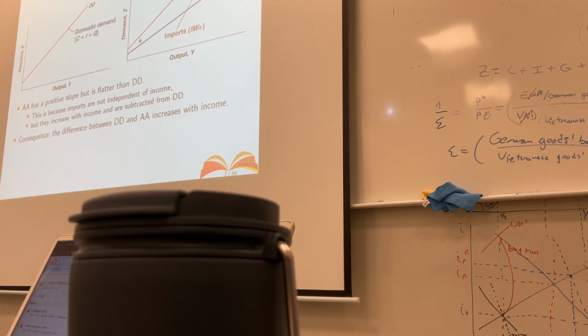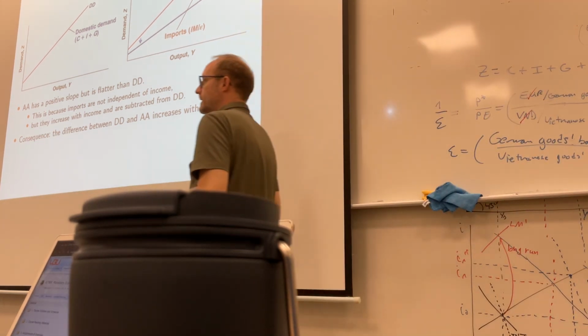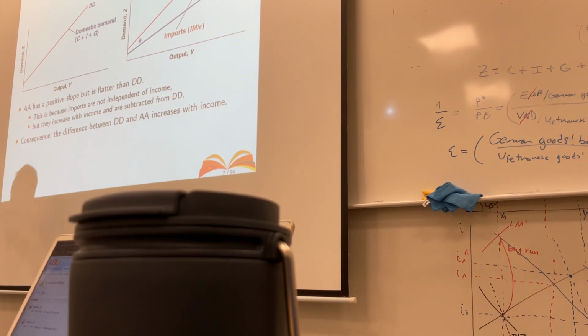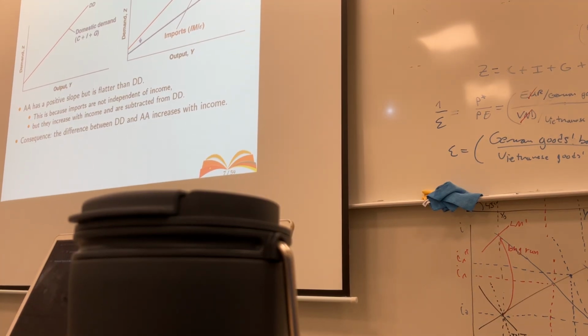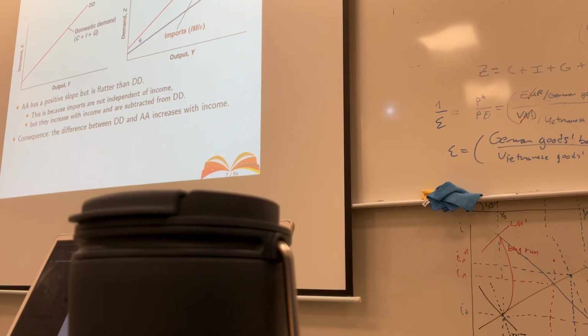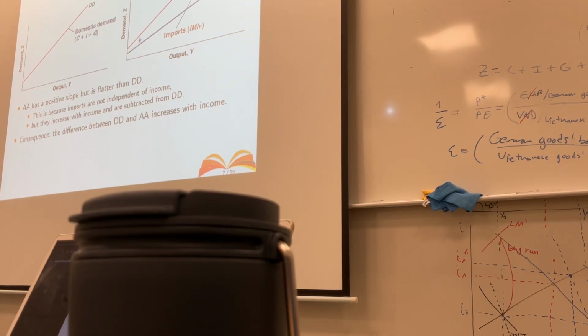So dividing through by epsilon converts the German goods basket into the Vietnamese goods basket. So we're measuring everything in terms of our domestic goods basket, or our income.